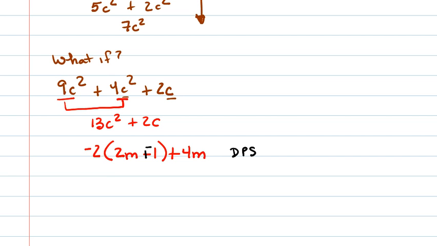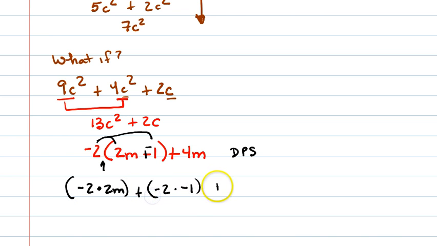Now also notice that I have multiplication here. This is not just an addition problem. Well, I can use the distributive principle and make it negative 2 times 2m plus negative 2 times negative 1 plus 4m. So I just used the left distributive principle of multiplication across addition.